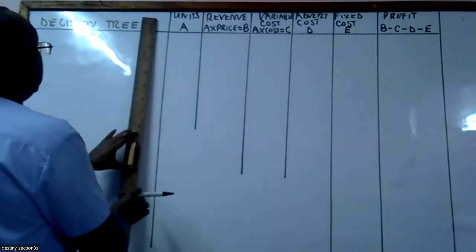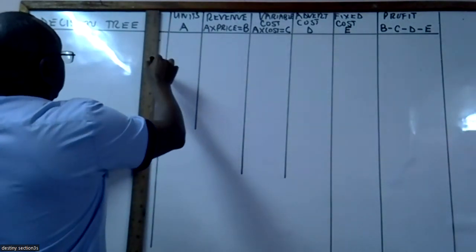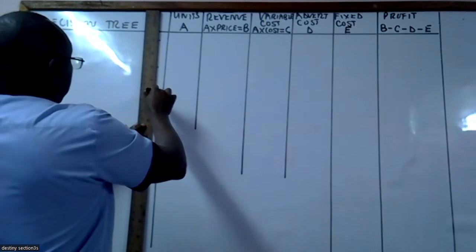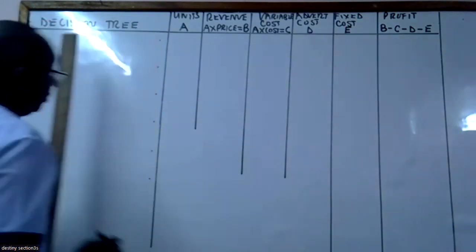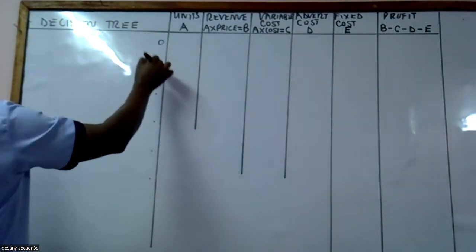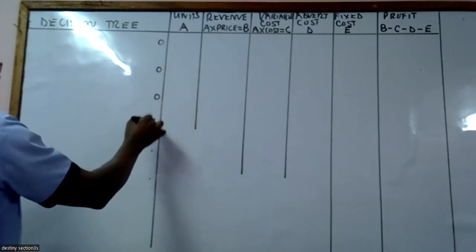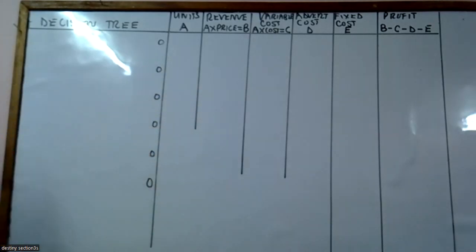So we have said we are doing 6 of them. So 1, 2, 3, 4, 5, 6. This is 1, 2, 3, 4, 5, 6.